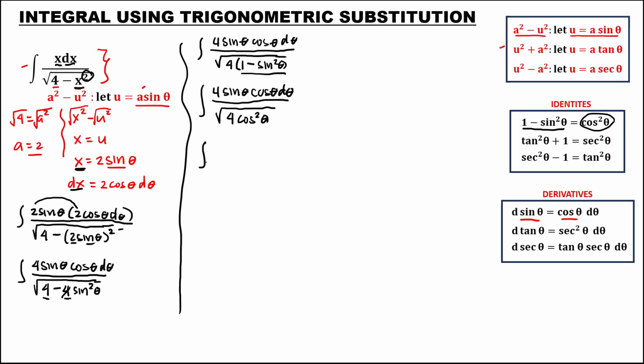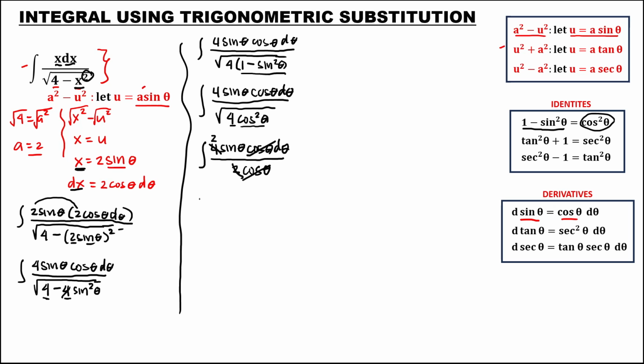Then this becomes the integral of 4 sine theta cosine theta d theta over the square root of 4, which is 2, and the square root of cosine squared theta, which is cosine theta. Then we can cancel this cosine theta and cosine theta, and this 2 and 4, so we still have 2.